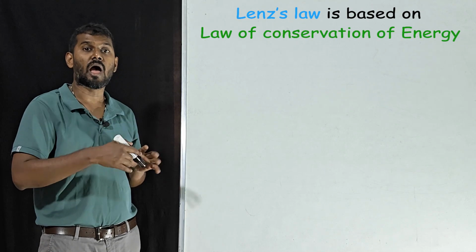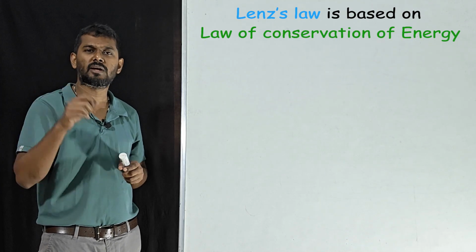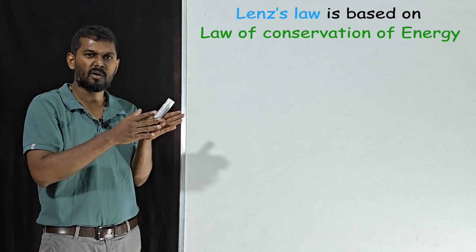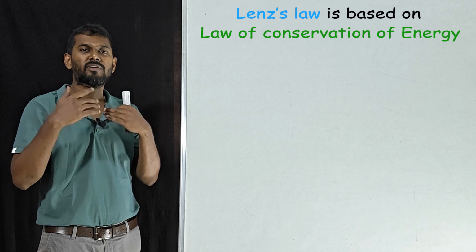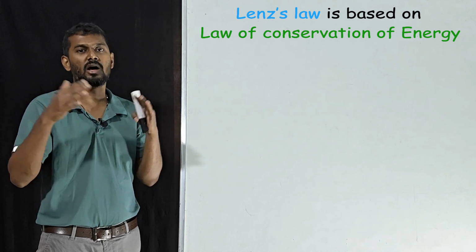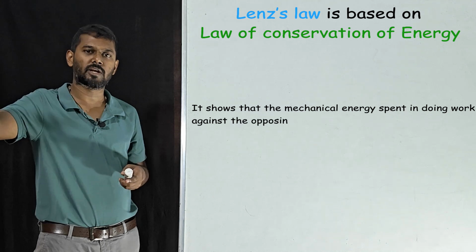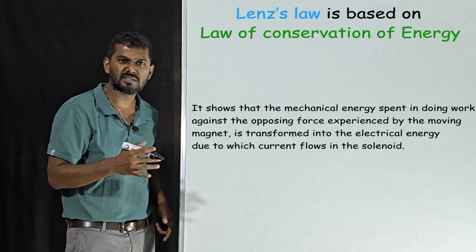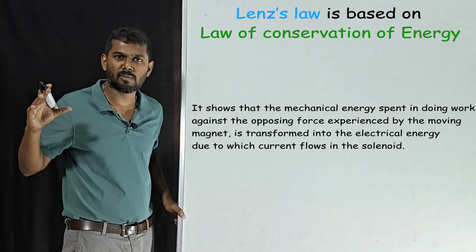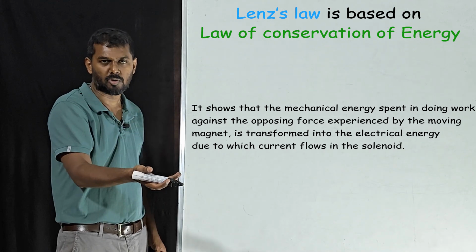We need to learn how Lenz's law is based on conservation of energy. What do you mean by conservation of energy? One form of energy is completely converted into another form when we assume there is no loss of energy. So when it comes to Lenz's law, whenever the magnet is moved towards the solenoid, a current will be produced, correct?